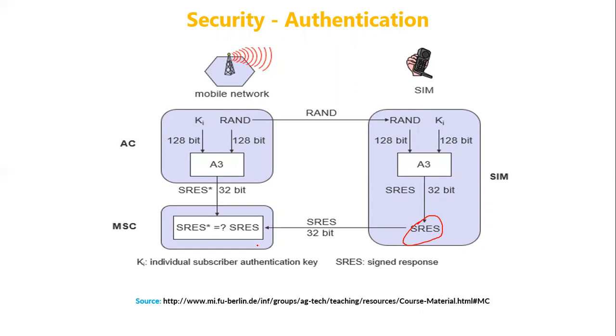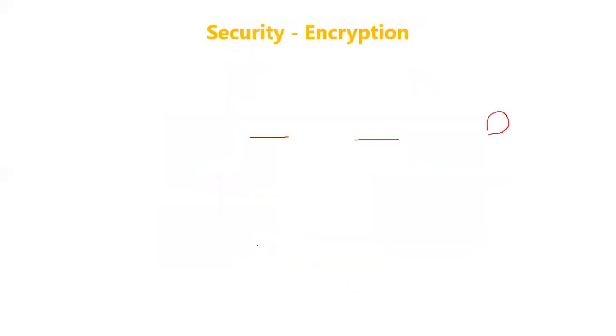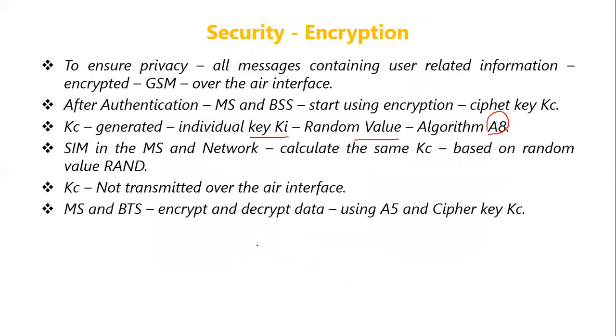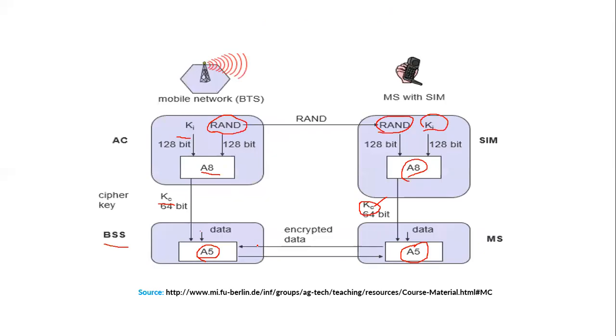And also how encryption is achieved using a cipher key, which is generated at the network end and at the mobile station end without exchanging any keys. There is no key exchange. Based on the shared random number, they generate the cipher key and start encrypting and decrypting the data.